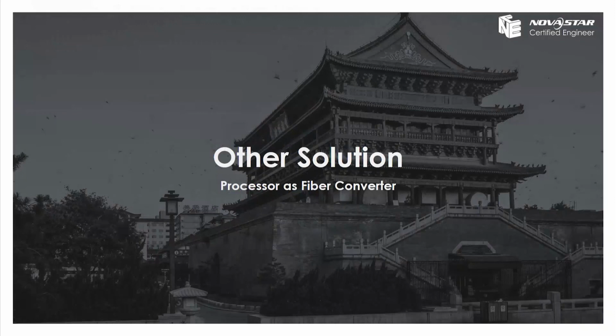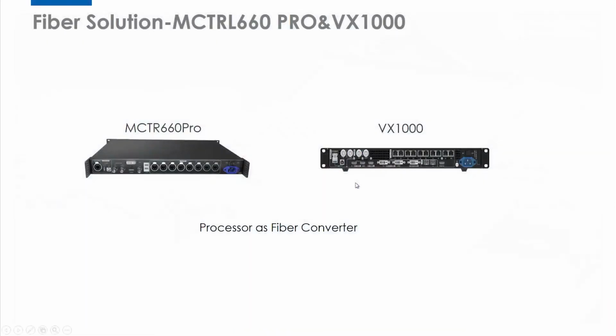But in daily life, we may have some other fiber solutions, right? So what kind of fiber solutions? Yes, we use a processor as the fiber converter. What kind of processor? In the Novastar product line, M-Control 660 Pro and VX1 Solid have two working modes. One is working as the controller or processor.